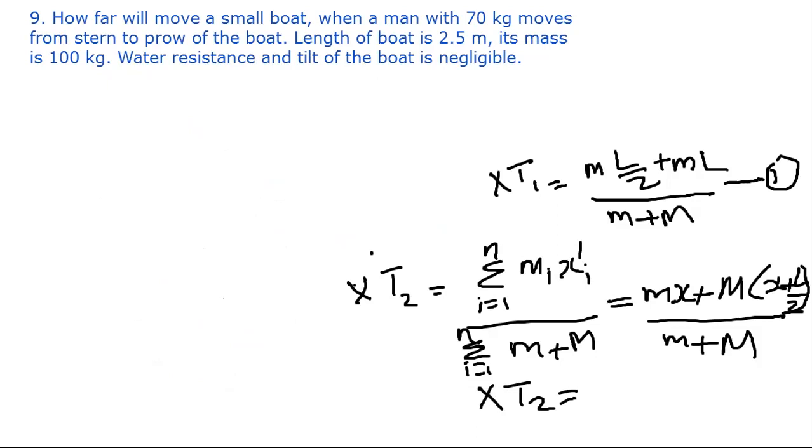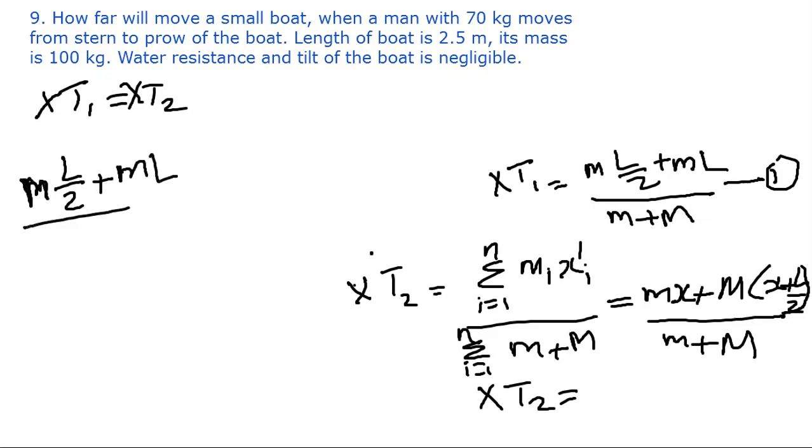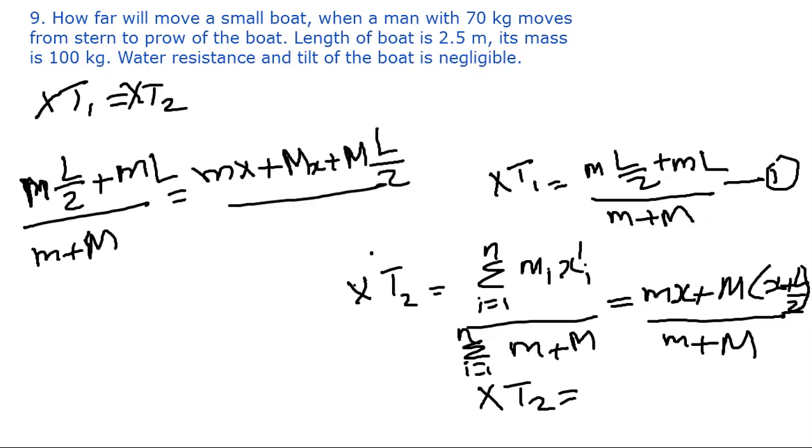So xt1 is equal to xt2, that is capital M L divided by 2 plus small m L divided by M plus m is equal to small m x plus capital M x plus capital M L by 2 divided by M plus m.